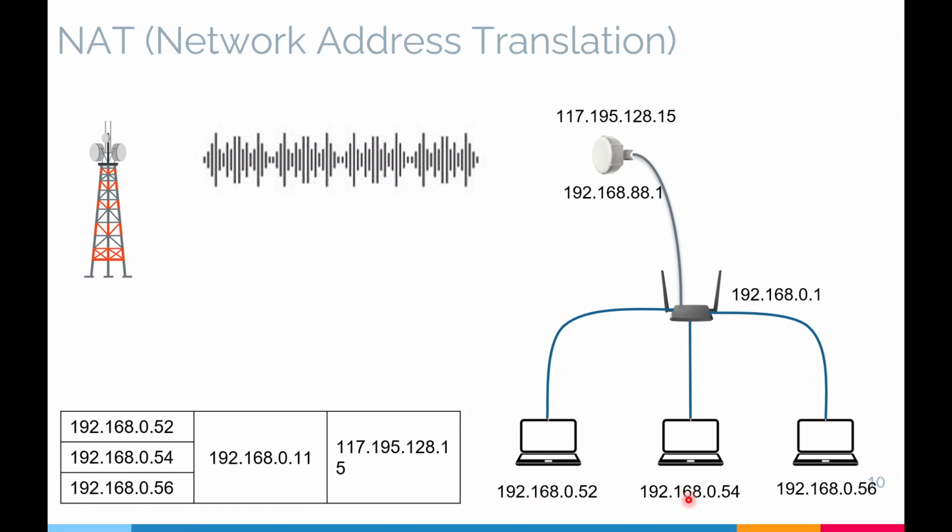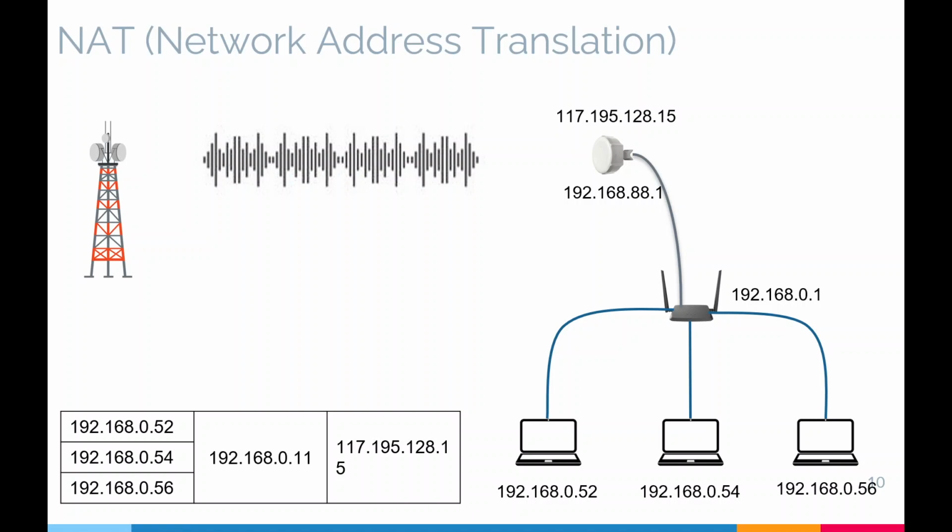So all these IP addresses will eventually get translated to 192.168.0.1, and this router will only be able to see this particular IP. Eventually this IP gets converted into this private IP and then later on to a public IP, and using this public IP the internet access has been enabled.